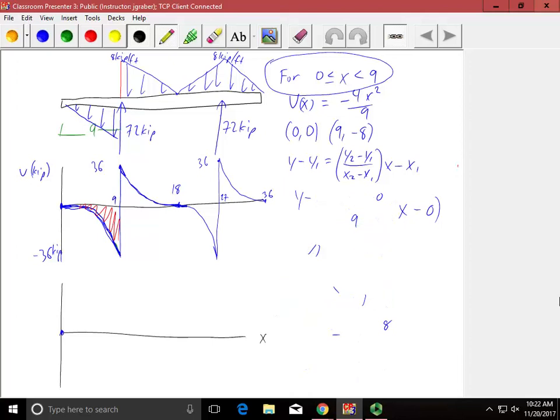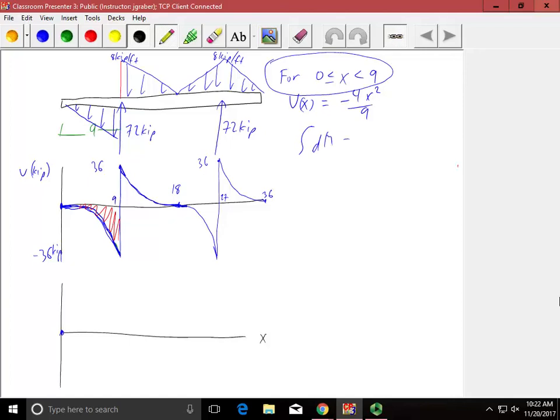So for that portion of the graph, we can now use the equation: the integral of dM equals the integral of shear dx. This is going to be from the initial M at 0 to M. This is going to be from the initial x, which is 0, to x.